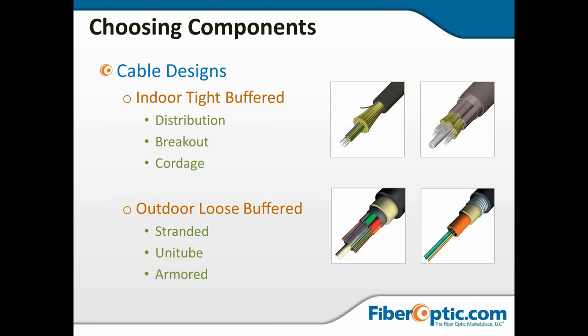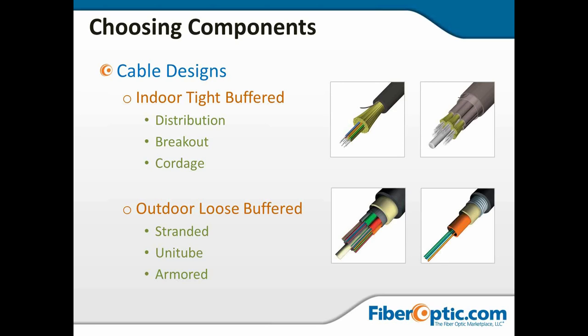So breakout cable is individual simplex cords bundled together. Now this gives you benefits when you're terminating, because if you're going from, say, a patch panel on one side of the room to a patch panel on the other side of the room or maybe in the next room, and you want to be able to directly tip your jumpers between them, this gives you the option of bundling up all of your patch cords.